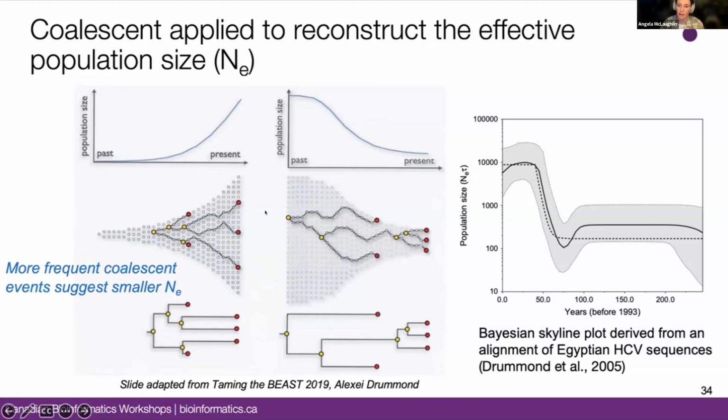And ultimately, through the coalescent, we infer the effective population size through time, as shown in this landmark paper by Alexei Drummond, who was one of the founders of BEAST, showing how the population size of hepatitis C virus sequences went through time.